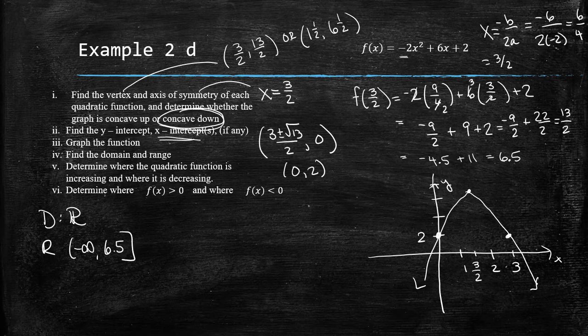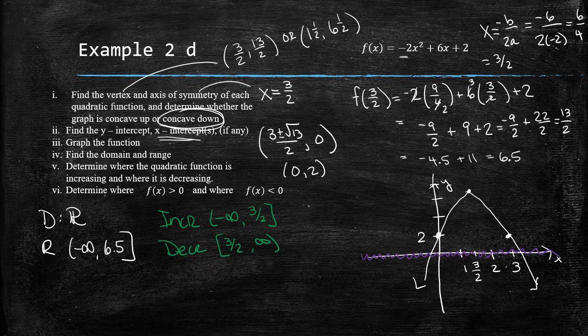Increasing, decreasing. For this function, we start off increasing, right? So on this first portion of the x-axis, it's increasing from negative infinity until we get to 3/2. After that, it is decreasing. So from 3/2 to infinity. So the second portion of our x-axis.